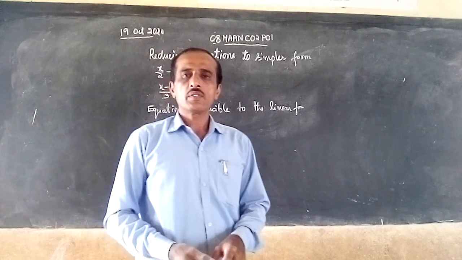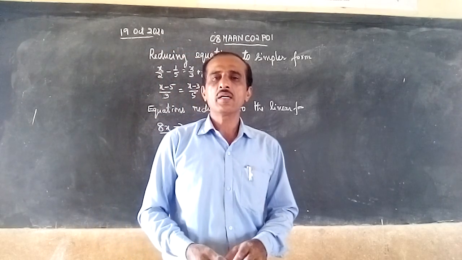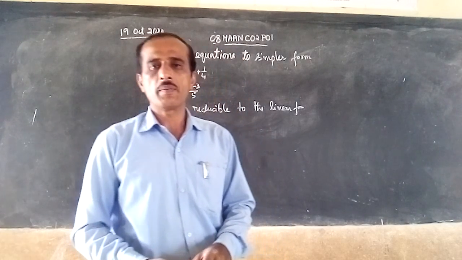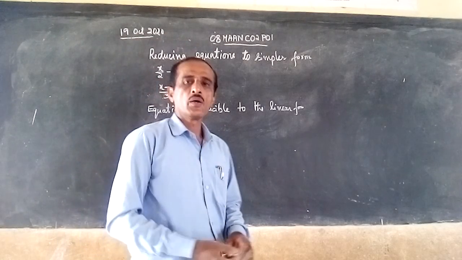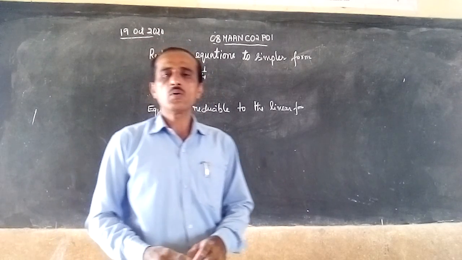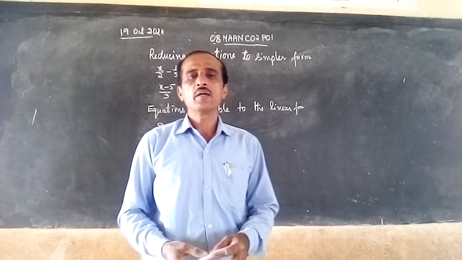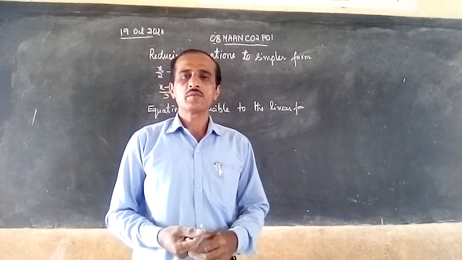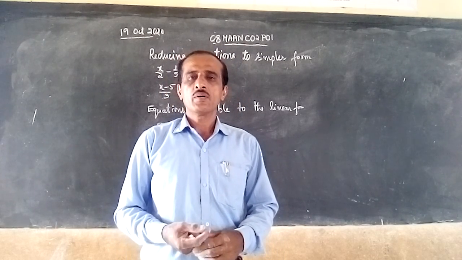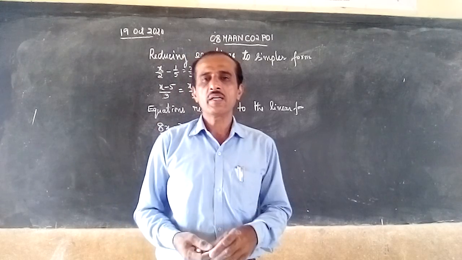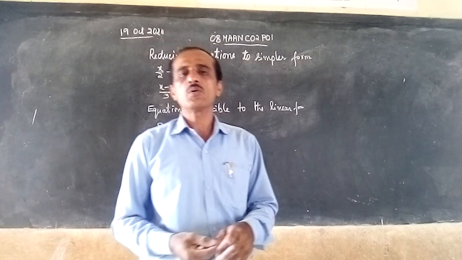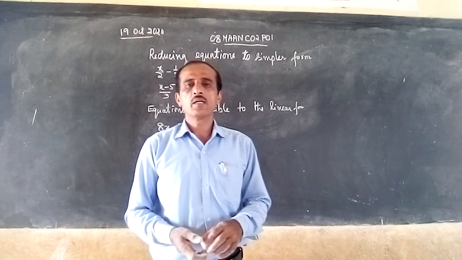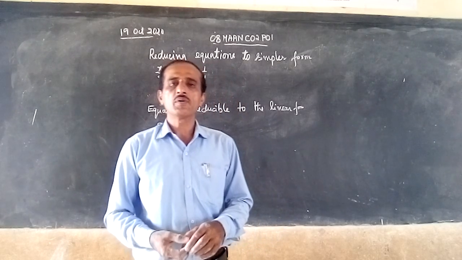So far in the study of linear equations with one variable, we have studied how to simplify a linear equation. If two expressions are given on the left hand side and right hand side, how to solve that linear equation to find the value of the variable.